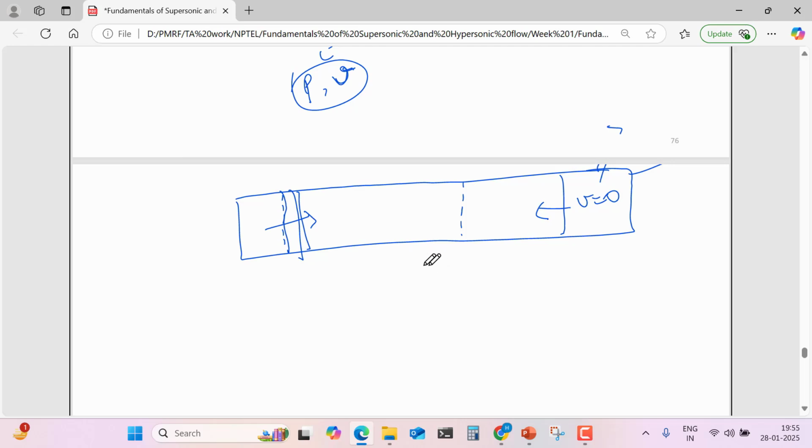Generally, the test time which we get using this shock tube is a maximum of 1 millisecond to 2 milliseconds, and we use it to study hypersonic flow, because it is not possible to conduct a flight test every time, so this ground-based facility is made to generate the flow properties, free stream properties corresponding to the flight.